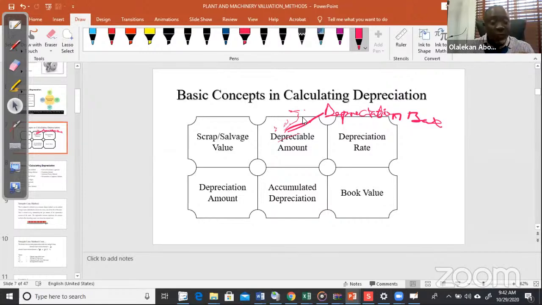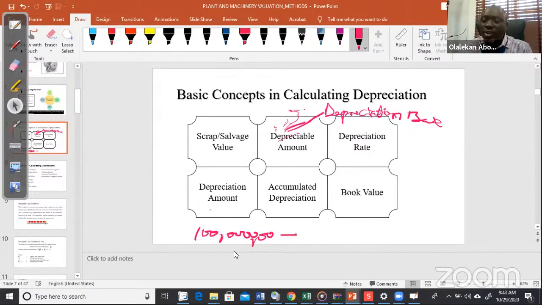When we say there is 8 million that will be left over, it therefore means that 100 million minus the scrap value, which is 8 million in this example, leaves you with 92 million.